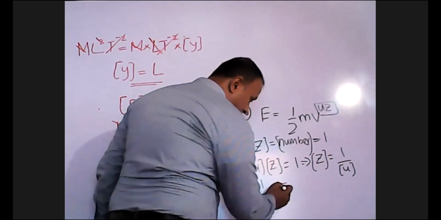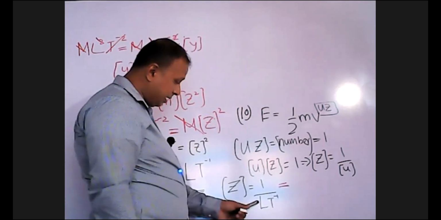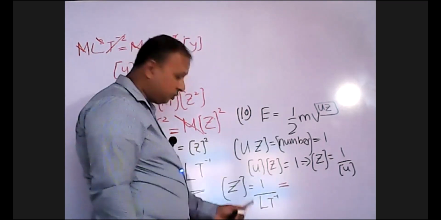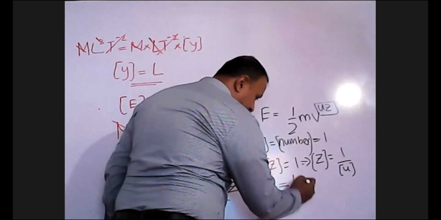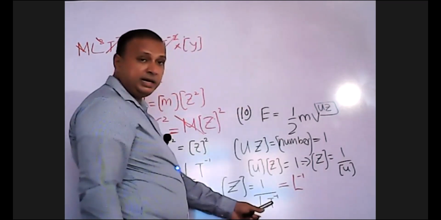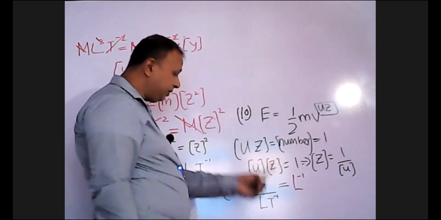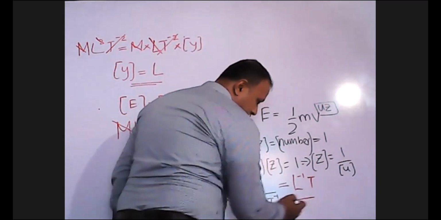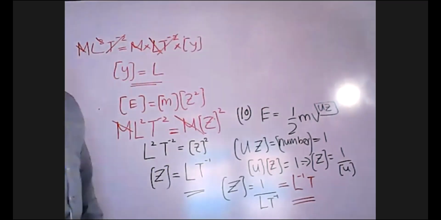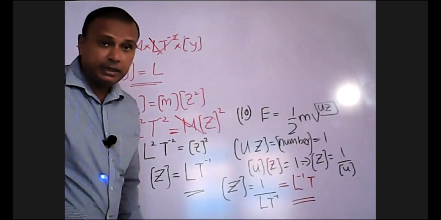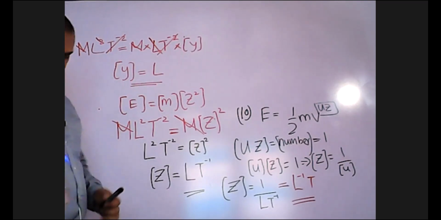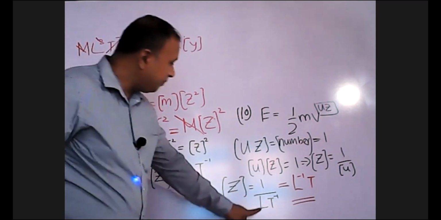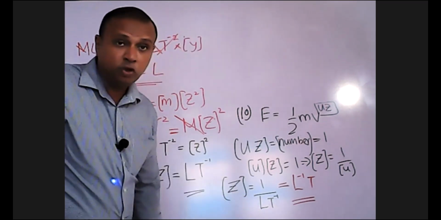Then L plus 1 becomes minus 1 when brought to the numerator, and T minus 1 becomes plus 1. So it is L⁻¹T. Do you get my point here? Question number 10. Do you understand?